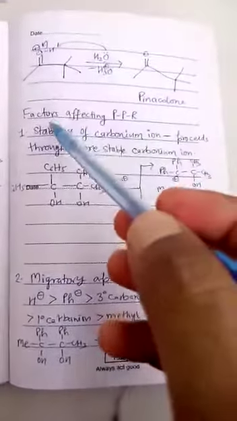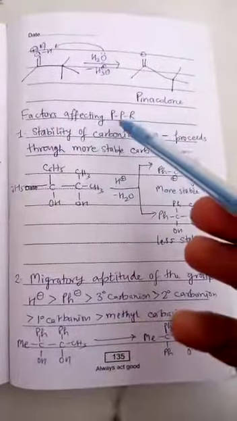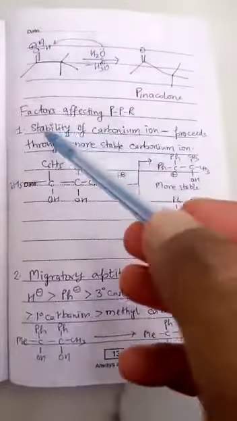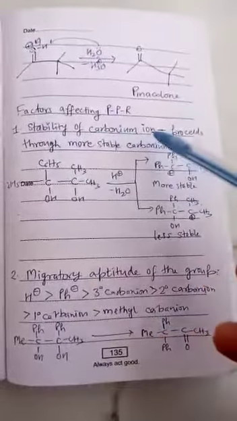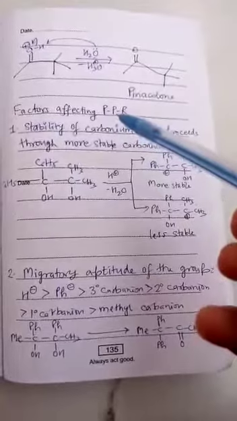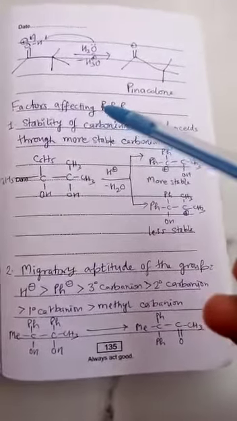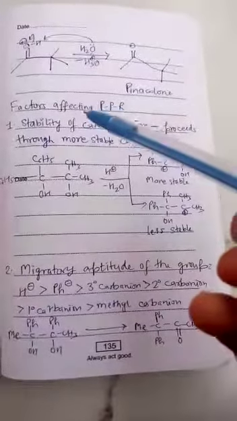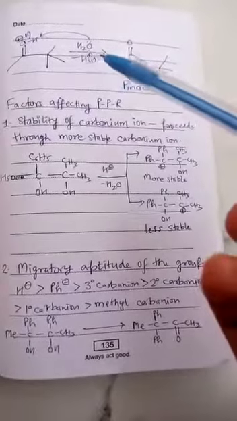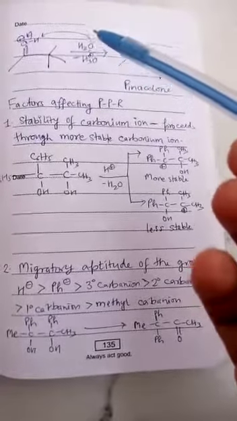Now what are the factors affecting Pinacol-Pinacolone rearrangement? First, stability of carbonium ion, which means the reaction proceeds in that direction in which the stable carbocation or carbonium ion will be generated in the first step.